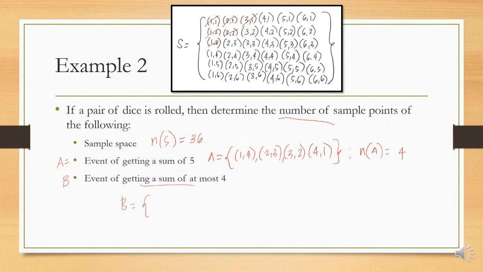So the sample points are 1,1, 1,2, 1,3, 2,1, 2,2, and 3,1. The number of sample points for event B is 1, 2, 3, 4, 5, 6, so 6. These numbers are what we are going to use to solve our probability.